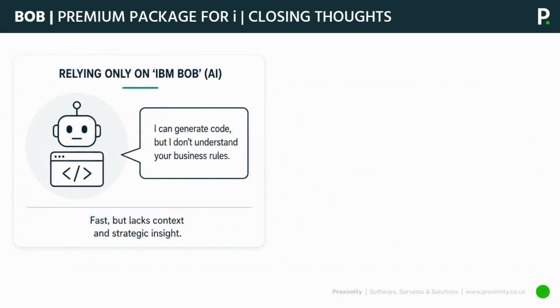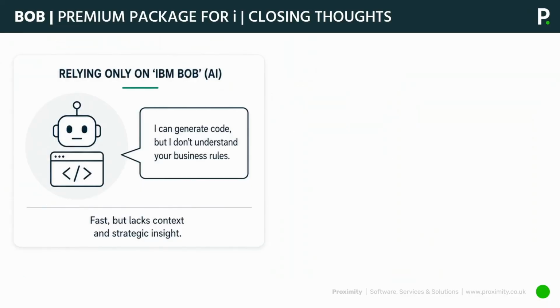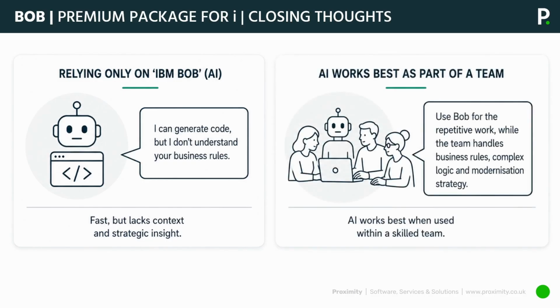Used on its own, IBM Bob can generate code, explain logic, and speed up repetitive tasks. But without experienced people managing and guiding the work, there is still a risk of missing what really matters. The best results come when AI works as part of a team.